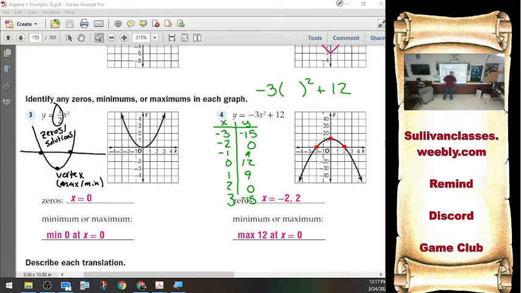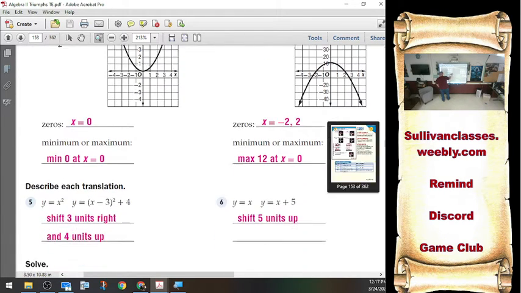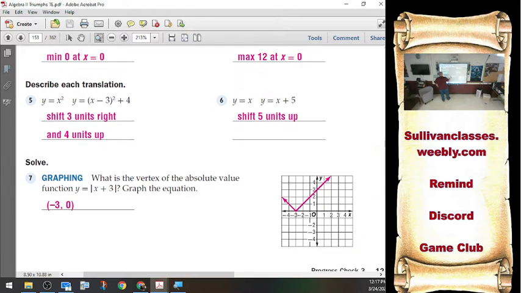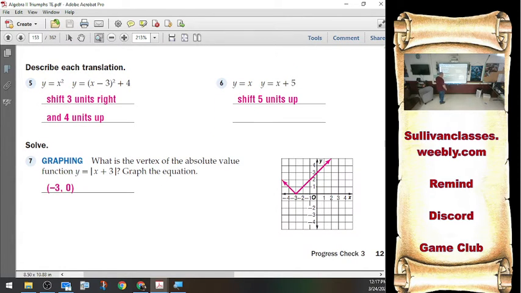Below that was talk about the transformations. The transformations, we had our little cheater chart.